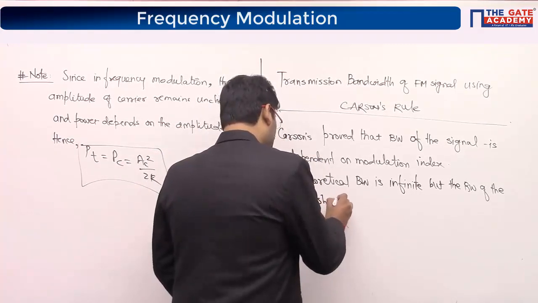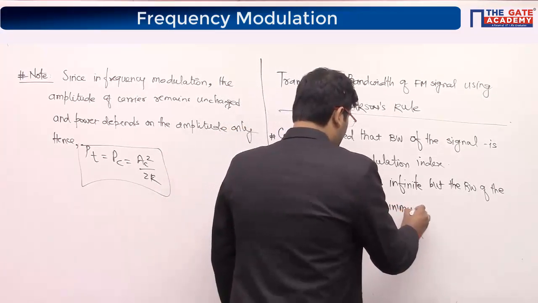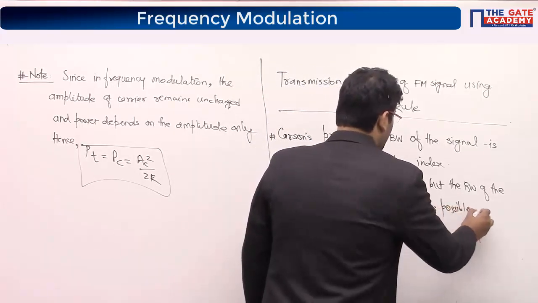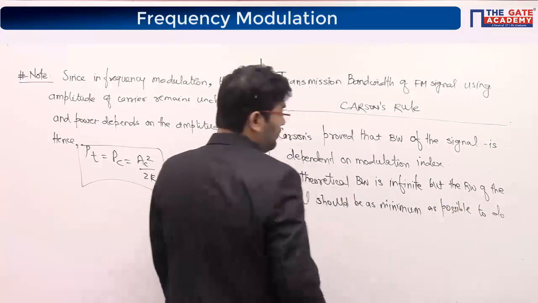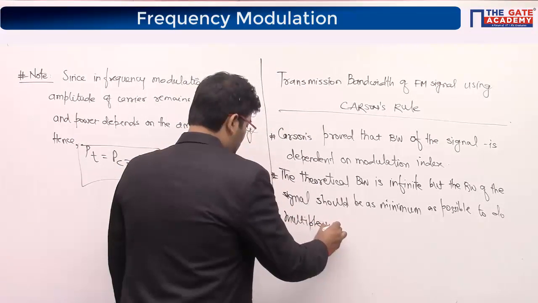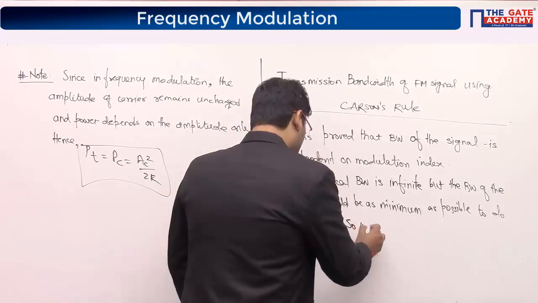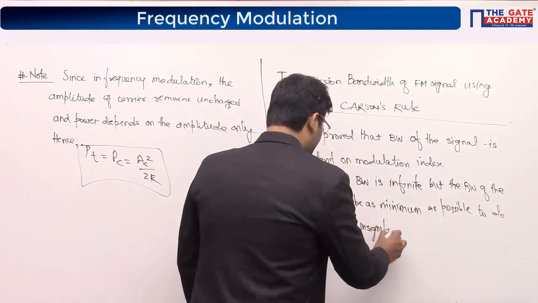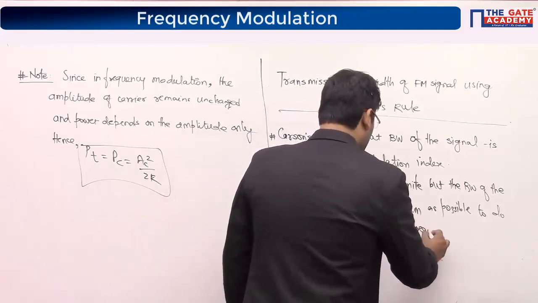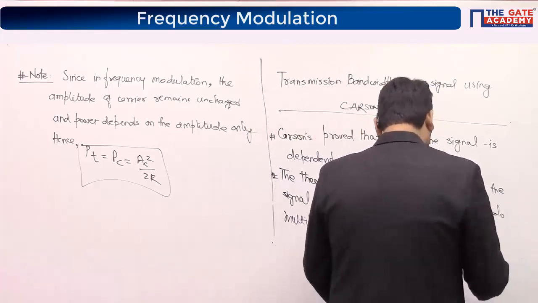should be as minimum as possible to do multiplexing. So, insignificant frequencies should be eliminated.